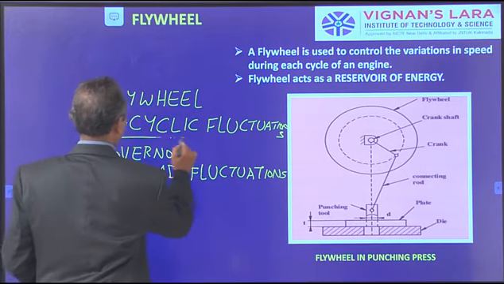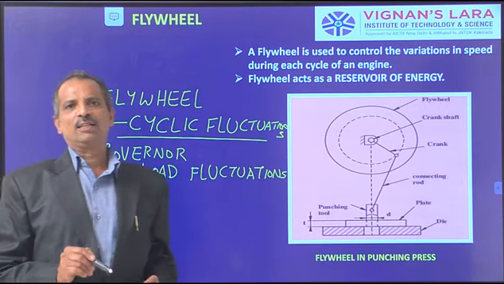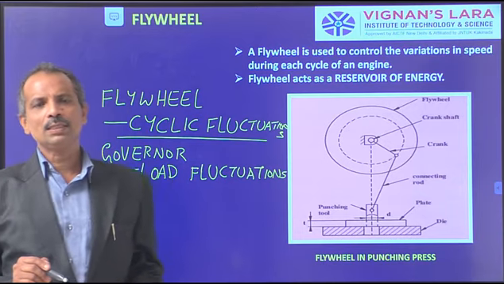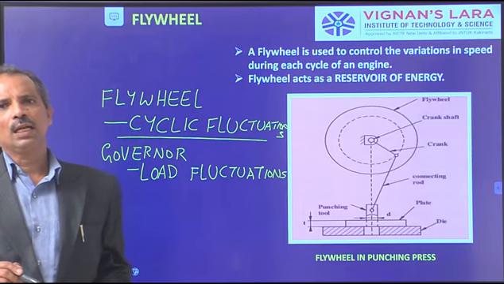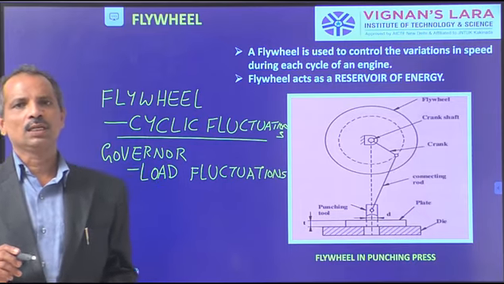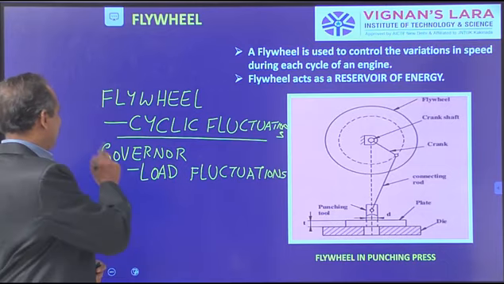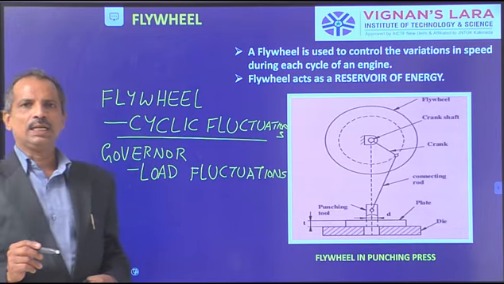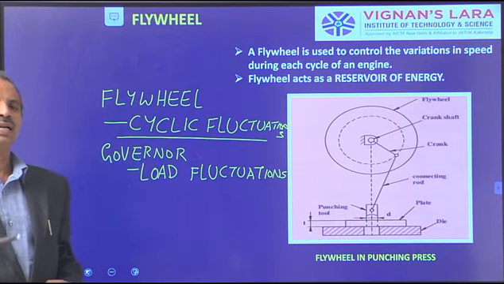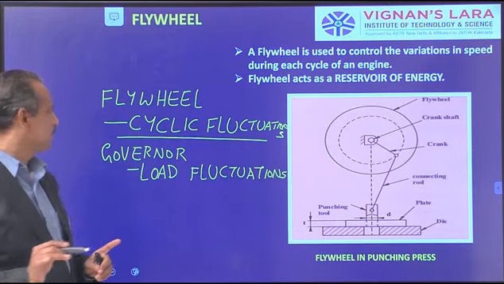What we said, flywheel takes care about cyclic fluctuations. That means every cycle there is some fluctuation. That fluctuation is going to be taken care of by the flywheel, isn't it? Then what about governor? Governor will take care about load fluctuations. I'm not going to discuss this at this moment, but it is load fluctuations.